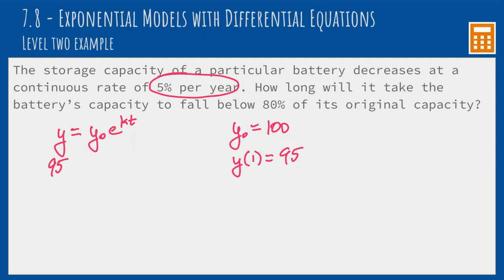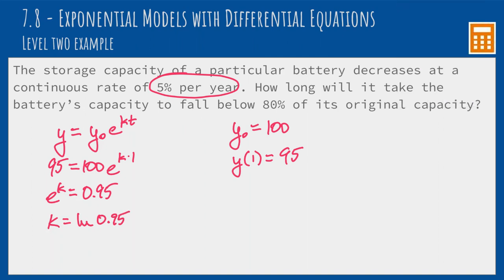So the capacity after 1 year is going to equal e to the k times 1. So we're going to have e to the k is equal to, I'll use a decimal here since we're going to be plugging into the calculator. And so we get k is equal to the natural log of 0.95. Okay, so that gives us our k value.